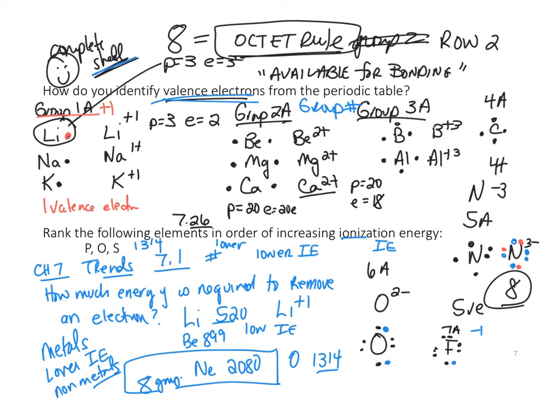Ionization energy, just so you know, usually increases going up a group and to the right. So you can see the increasing ionization energy trend. Wait, I'm going to take that back. Let's look at the table.